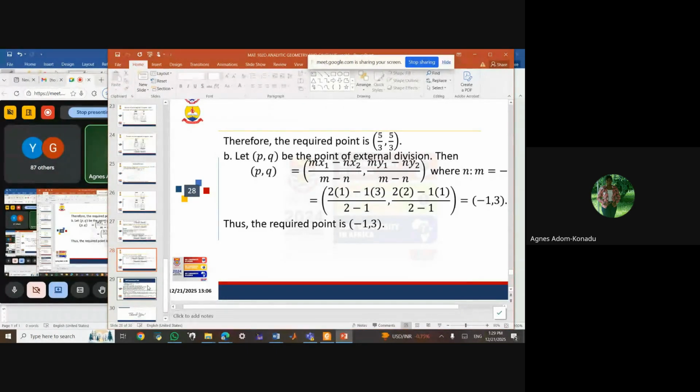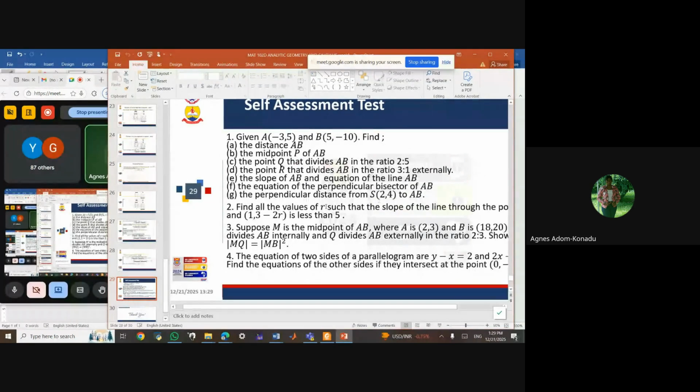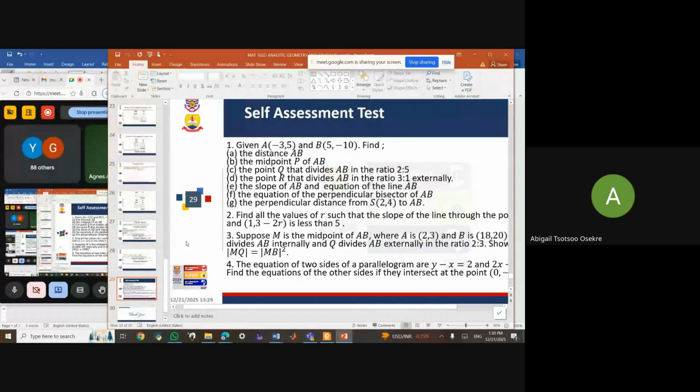That is it. So we have come to the end of lesson 1. Madam, please, I have a question. So it means that externally, the ratio that they will give you, where they will indicate the negative sign, will tell you the formula you must use.